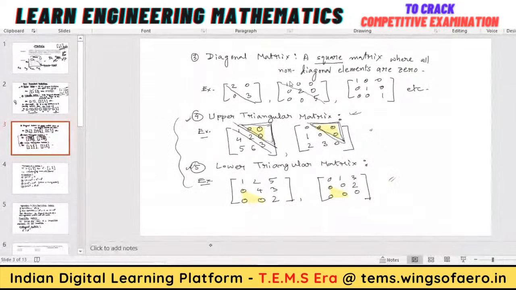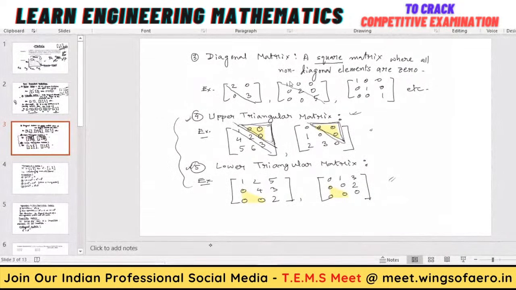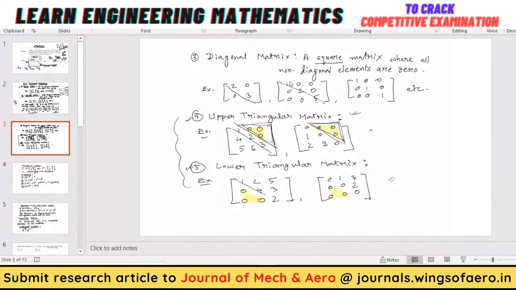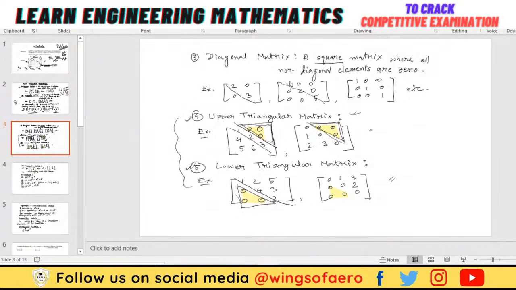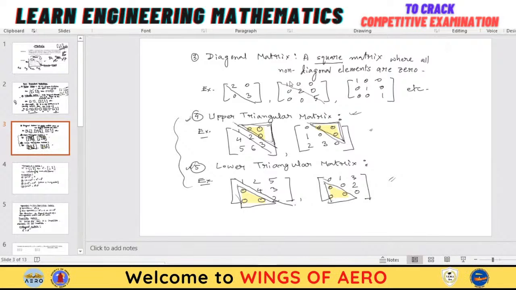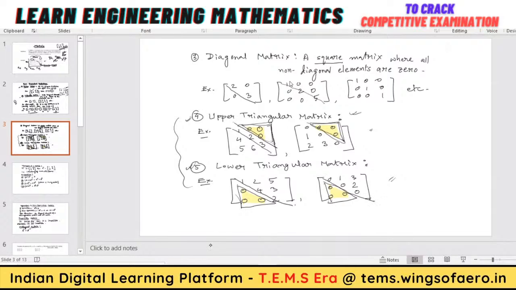Similarly, exactly the opposite one, lower triangular matrix. Just the upper portion of these diagonal elements will be 0. Look at this. Lower triangular. Similarly, this is also another lower triangular matrix. So the portion on one side of the diagonal elements all are 0.